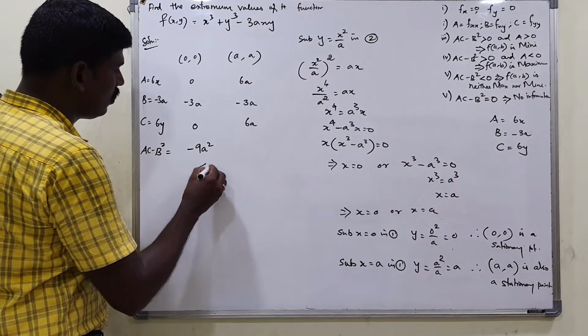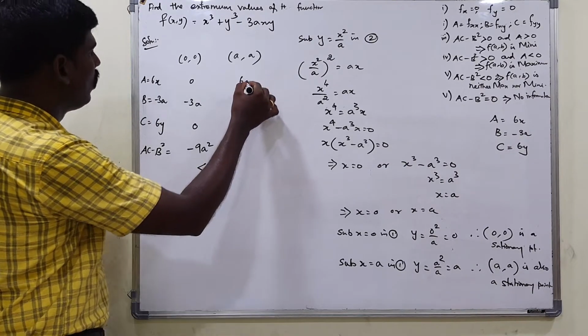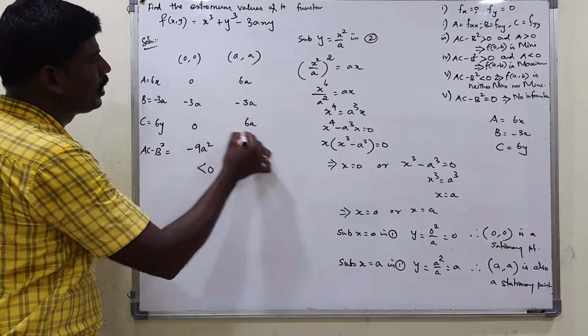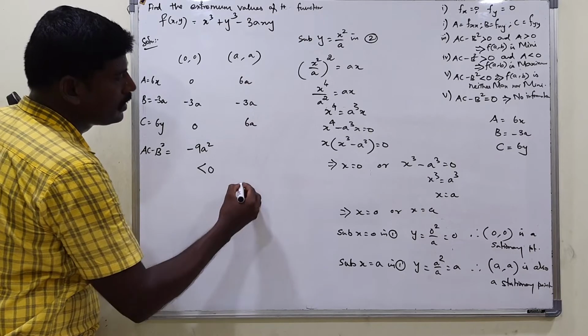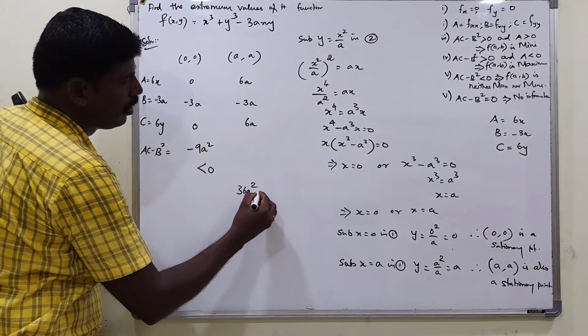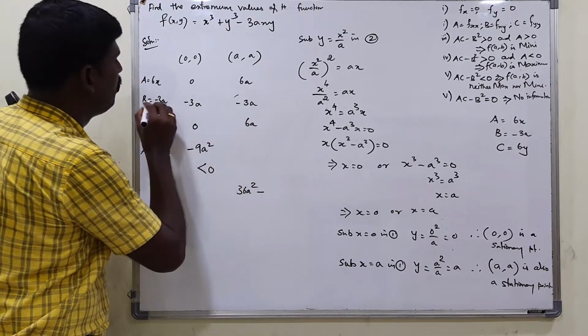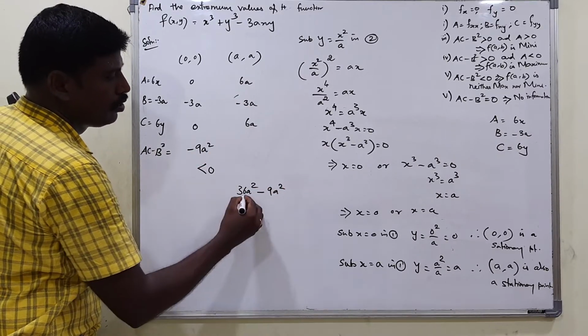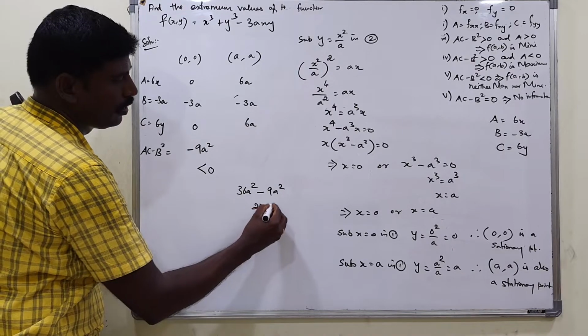Look here. What is the value of AC minus B square at the point (a, a)? Take the product between these two: 6a into 6a, 36a square, minus the square of B, which is 9a square.